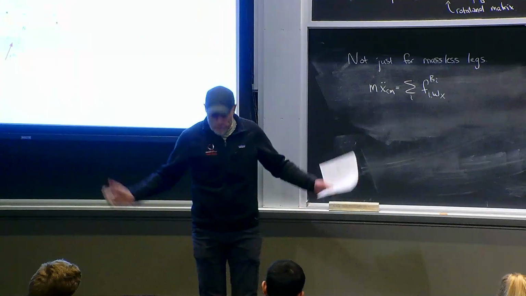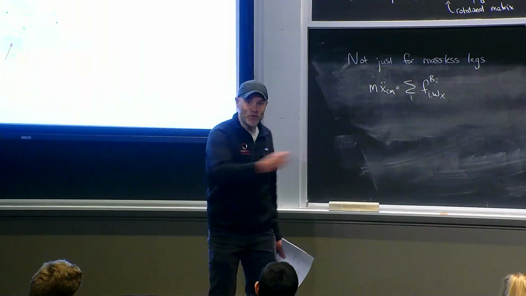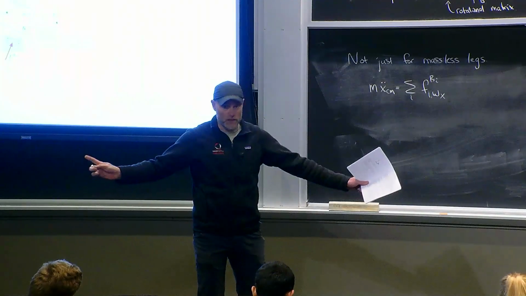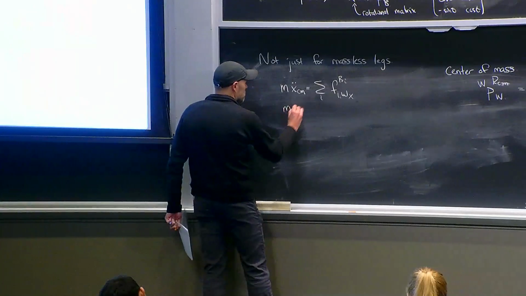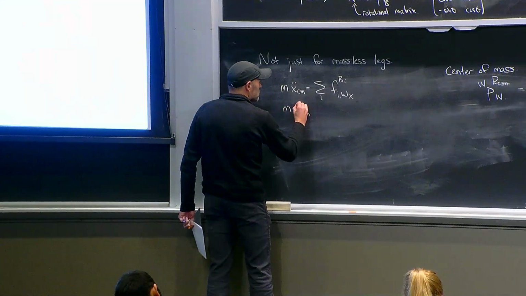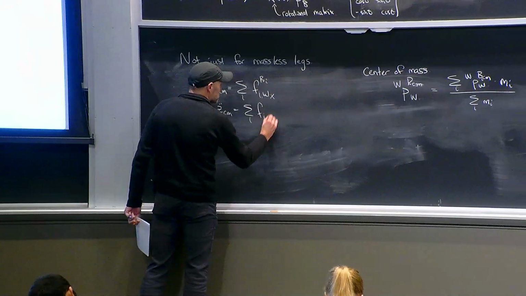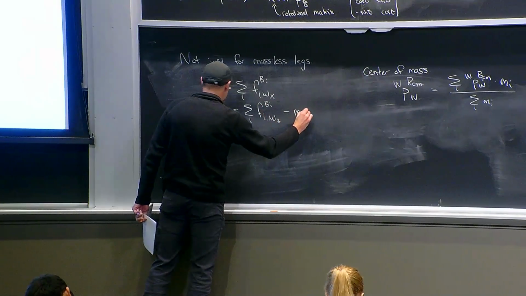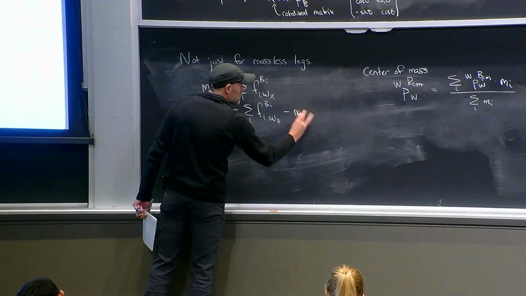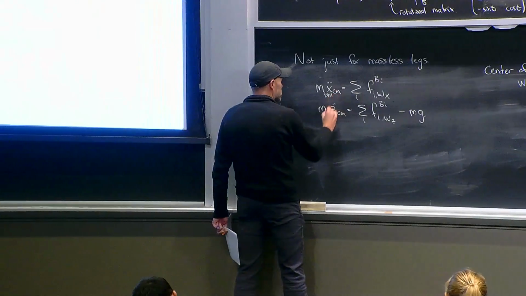No matter how complicated your robot is, no matter how much your legs move, your center of mass is still going to only accelerate if you're applying horizontal forces. Same for z, of course. This m is the total mass.